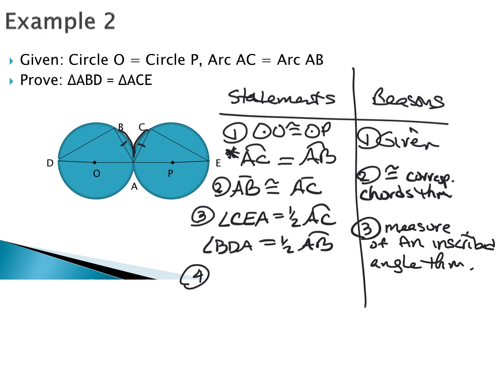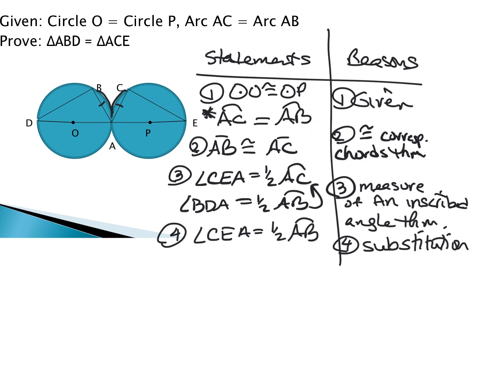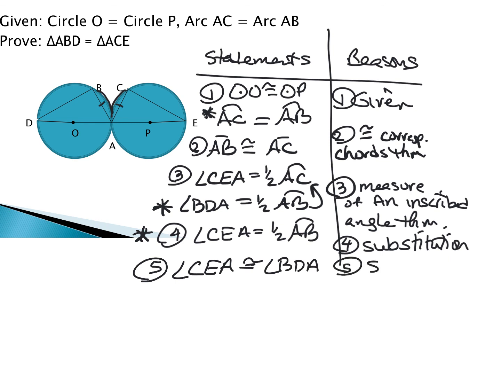I'm going to plug in AB for AC. So I'm going to say that angle CEA is equal to half of AB, and my reason is substitution. Now, because both of these angles equal the same thing, I could say that angle CEA is congruent to angle BDA. Substitution again.